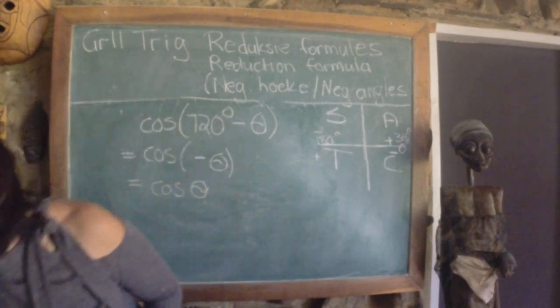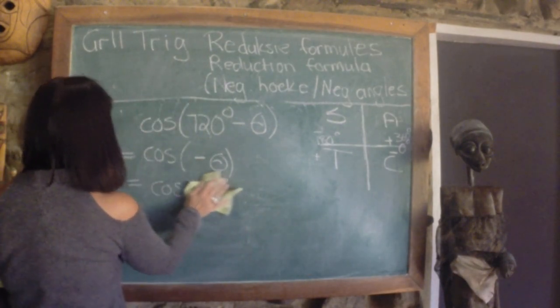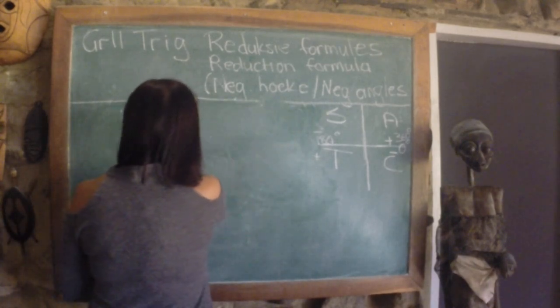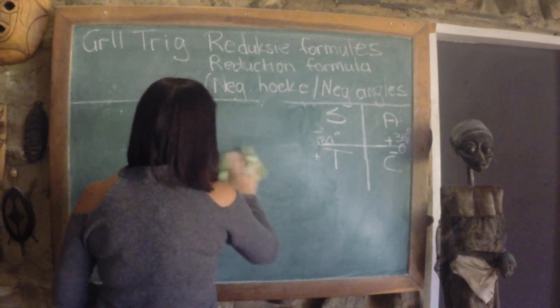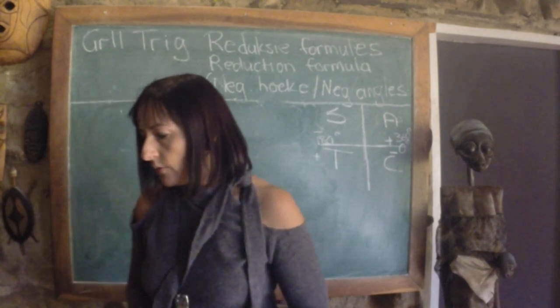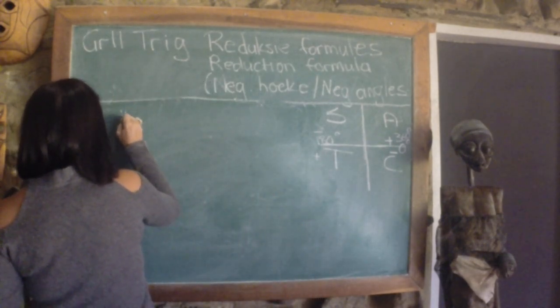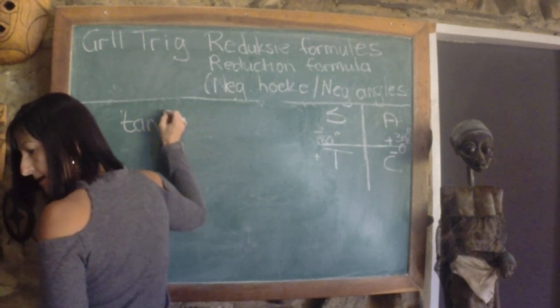Ons laaste voorbeeld voor ons gaan begin oefen graad 11. Kom ons gaan kyk dan na 'n bietjie meer voller sommetjie wat hierdie tipe van goedjies insluit.